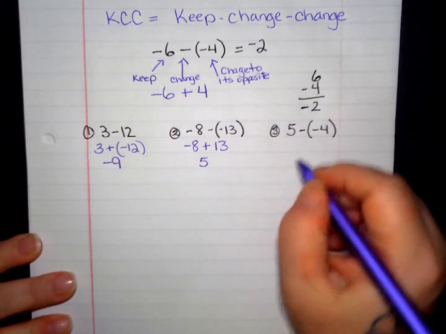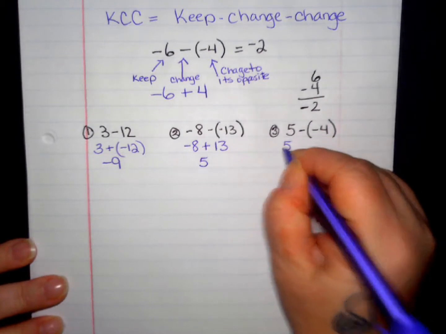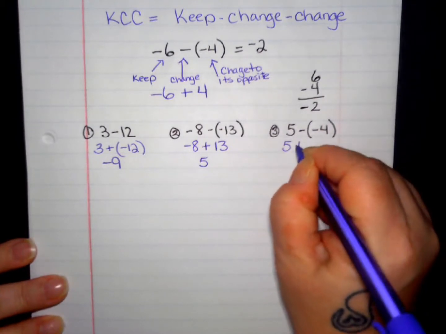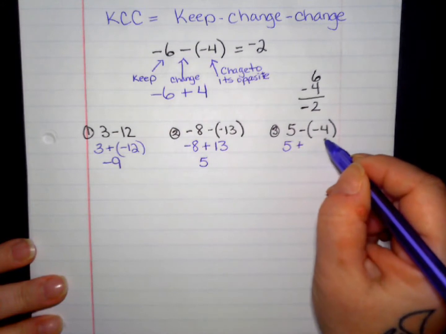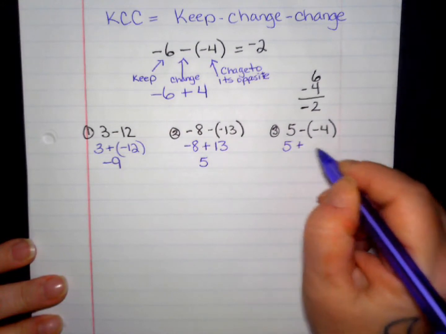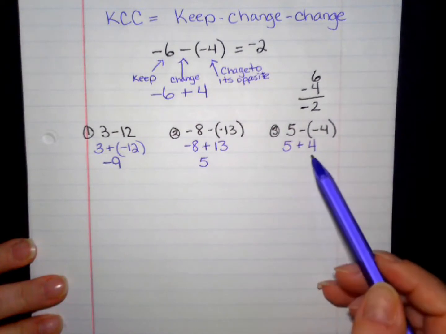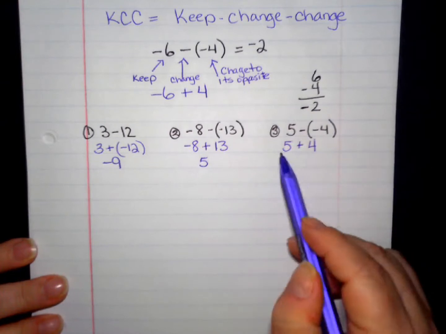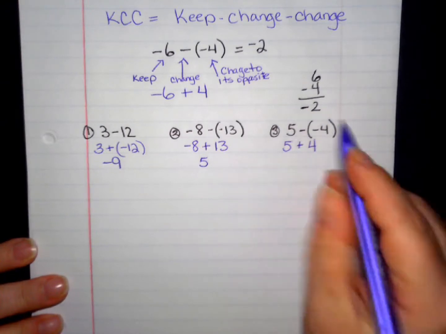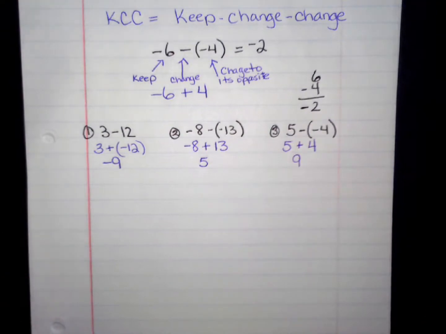Okay, one more on this. We've got 5. We keep, change subtraction to addition, and flip or change the -4 to its opposite, which is 4. Now I have 5 plus 4. Actually, they have the same sign. So now I add them together and I just keep the sign because they have the same sign.